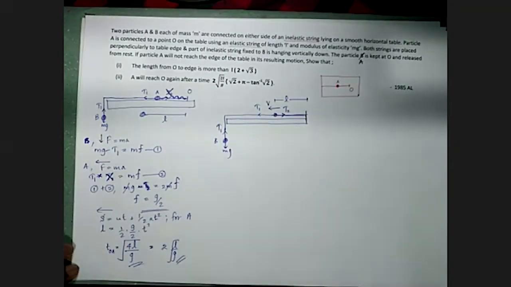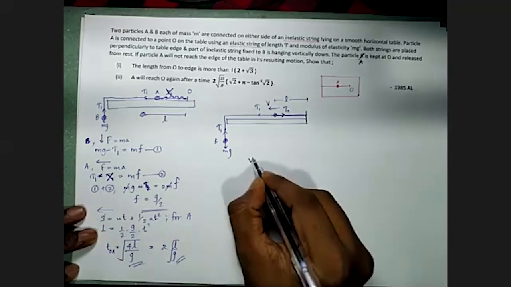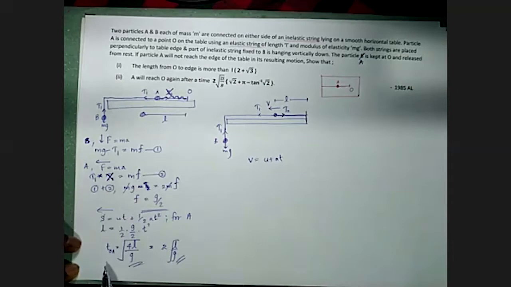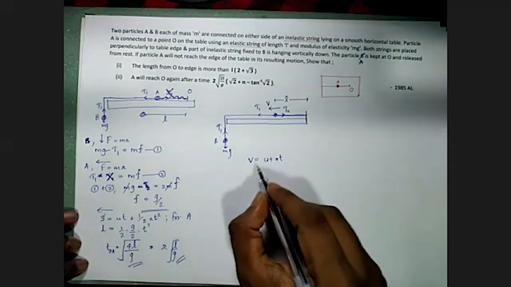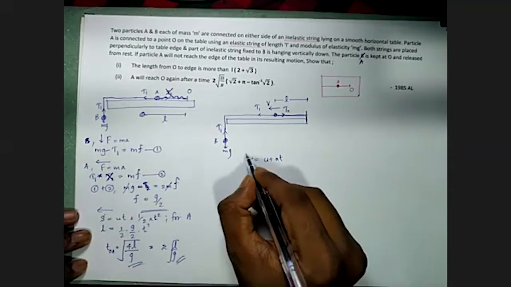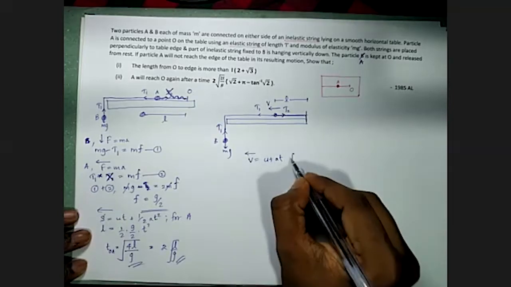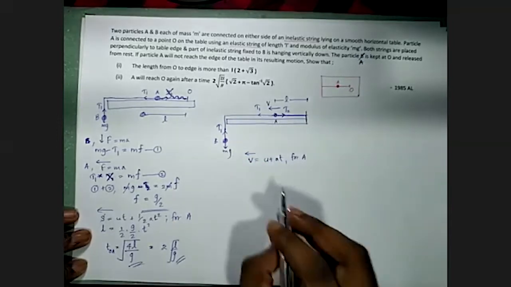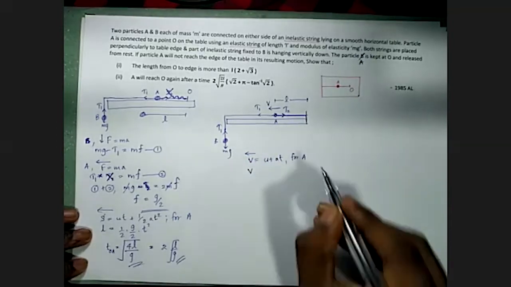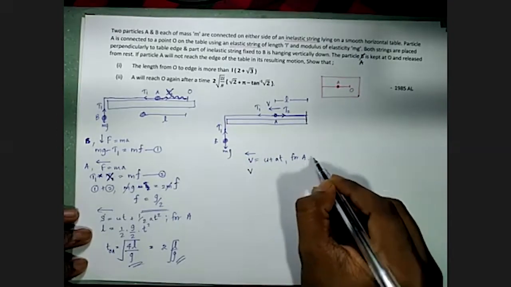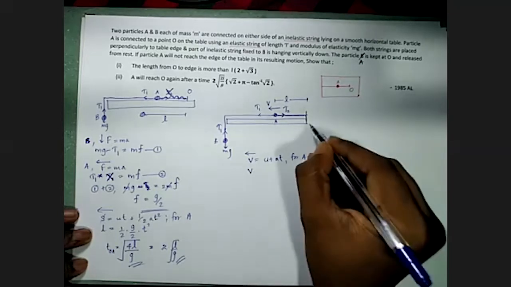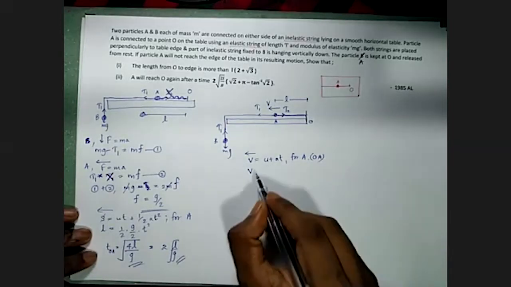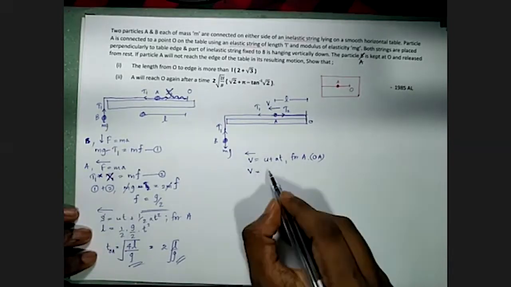For that I have to apply V equals U plus at, because I have the time. V equals U plus at in this direction for particle A, from O to A. There is no initial velocity.